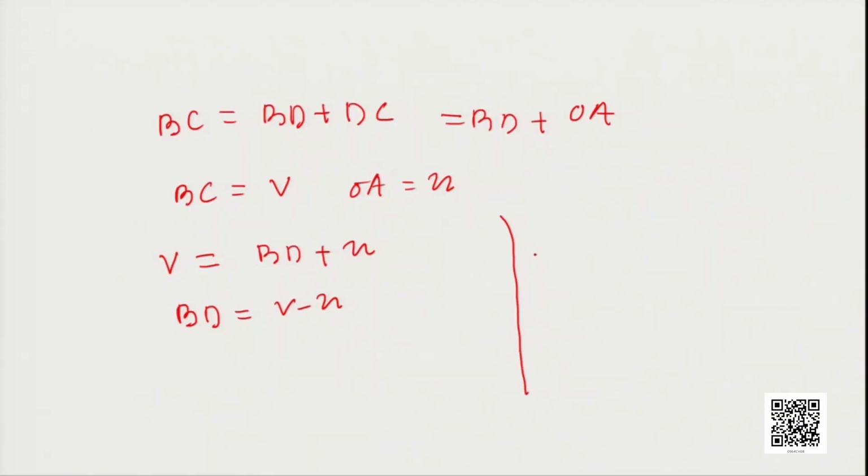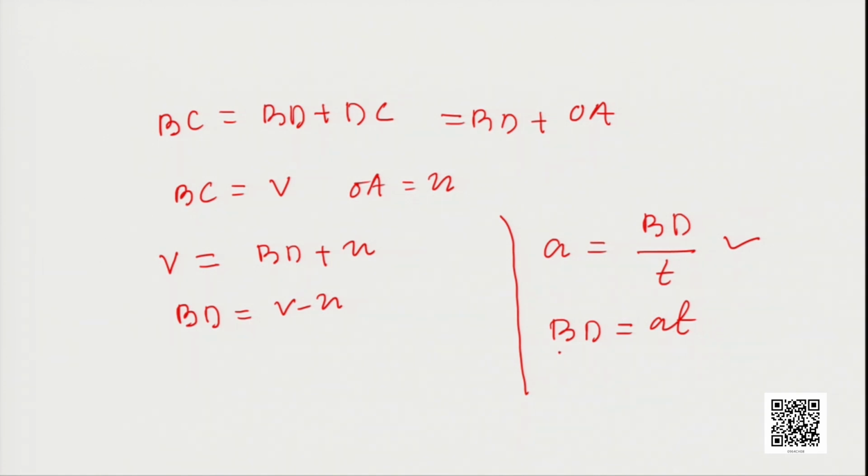So how can we write the acceleration? Acceleration a = BD divided by time t. From this equation we can write BD = at.